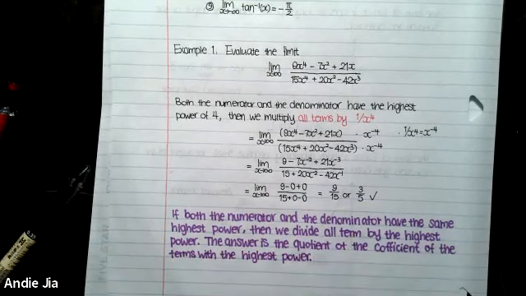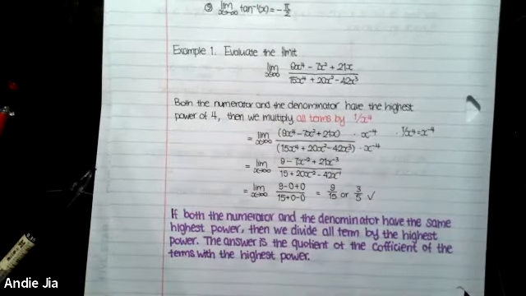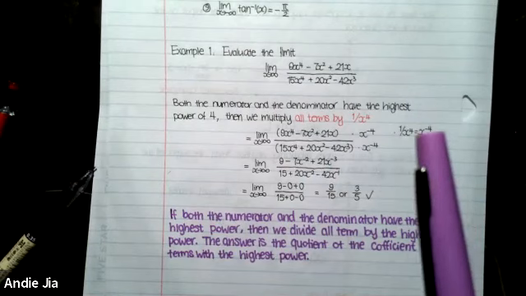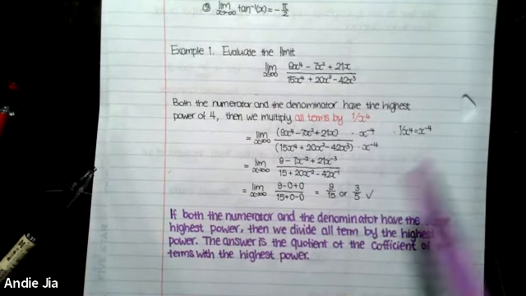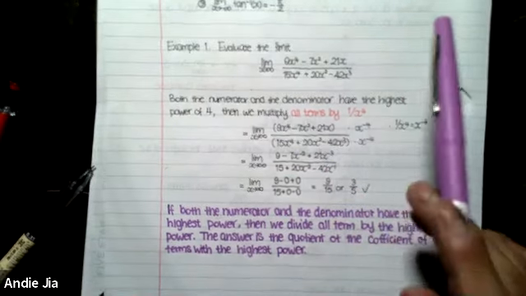In this case, if we see that the highest power is 4, then we just divide by x to the power of 4, or we can multiply by x to the negative 4. We cancel it out, we rewrite the limit, and then apply the limit law.